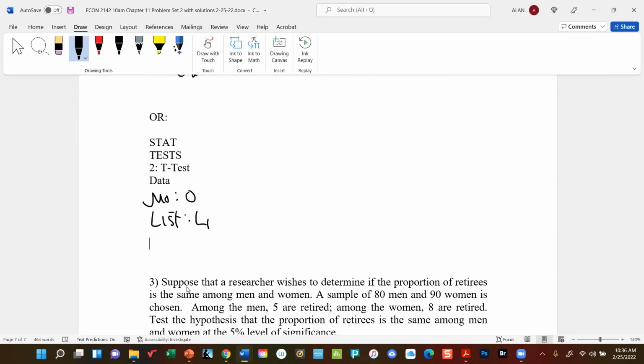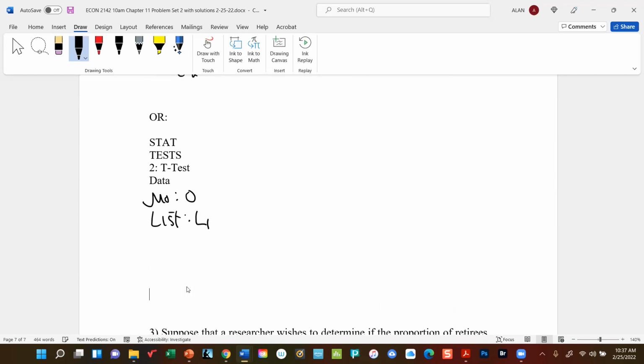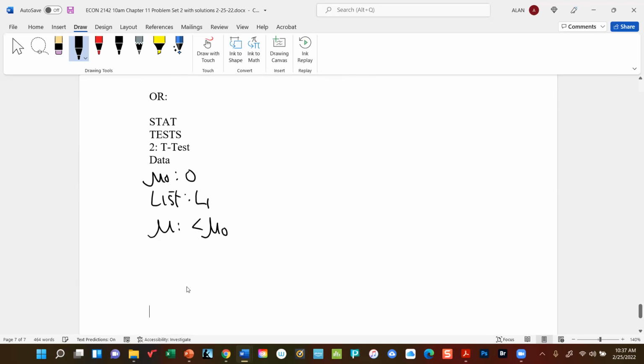And then you leave the rest, make sure that it knows that this is a left-tail test. And you calculate, of course, and you'll get the same thing. And it's just the same conclusion, do not reject.